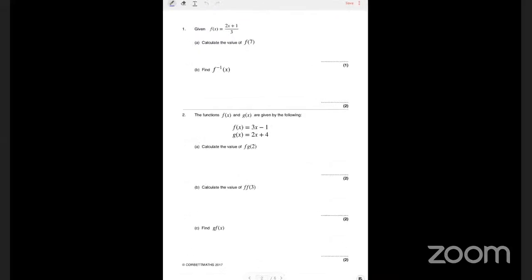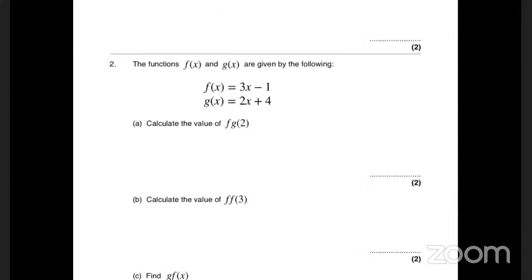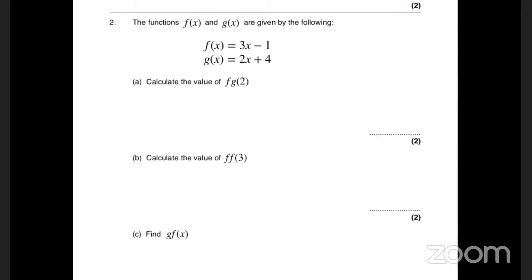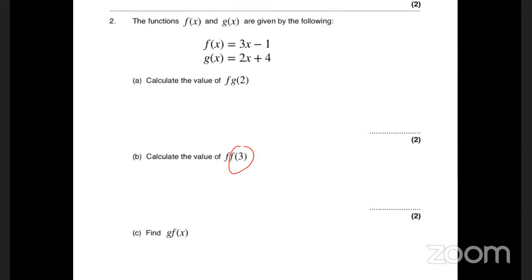Okay. So number 2. We have gone back and done the first part. So let's go over to B. We're going to put 3 into f first. So f of x equals 3x minus 1.